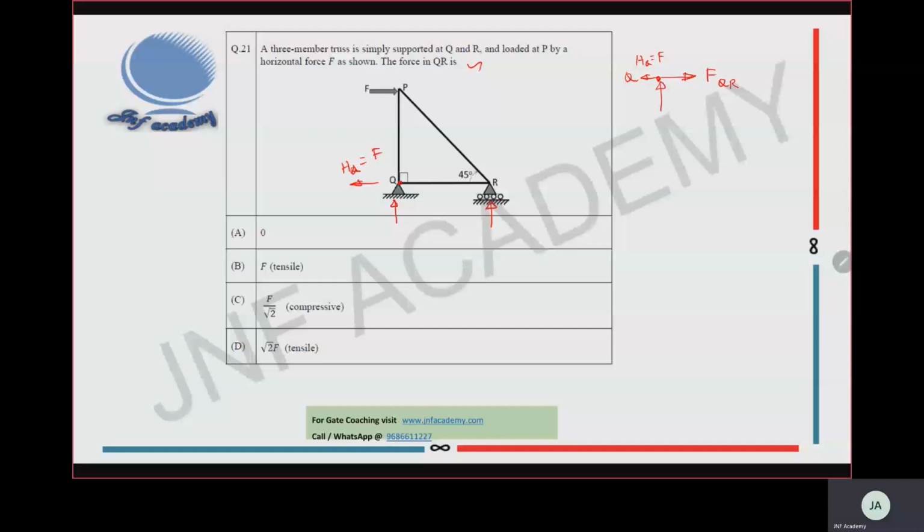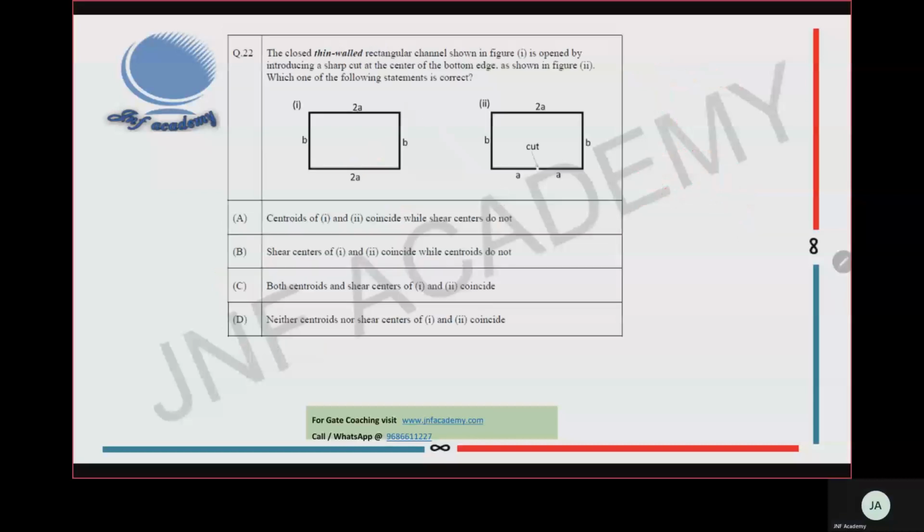Then here we have a vertical reaction at Q. Now you can apply the horizontal equilibrium equation. So the value of QR is equal to F. Since we got the positive value, so the correct option is F, tensile. Okay, the member force on QR is equal to F, tension. Then next question.